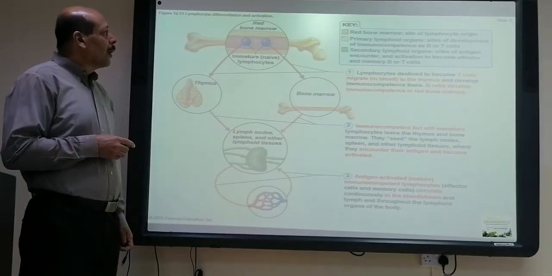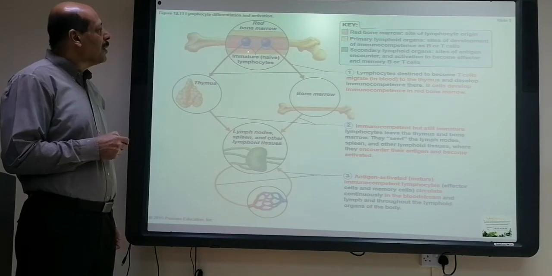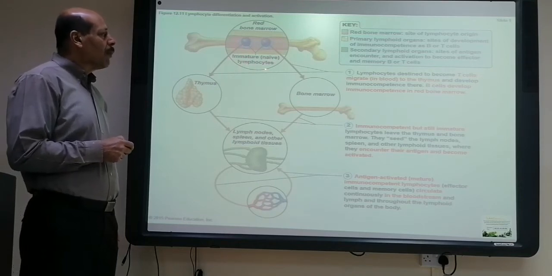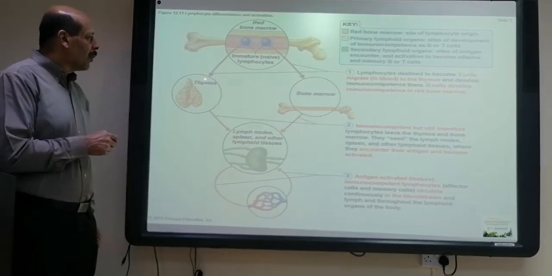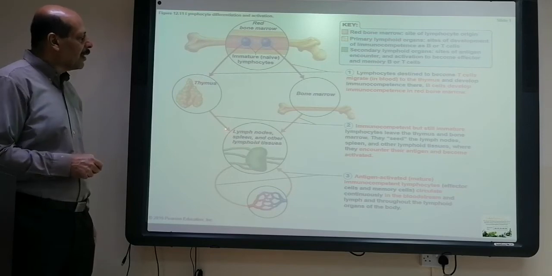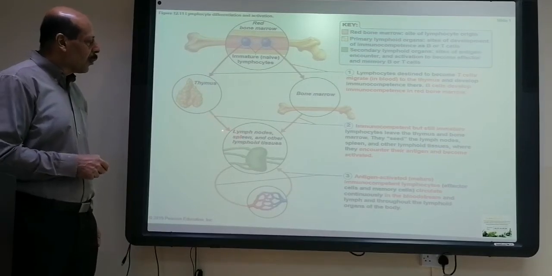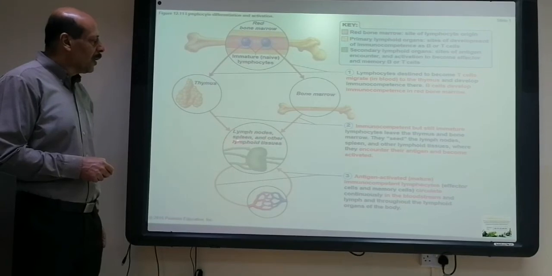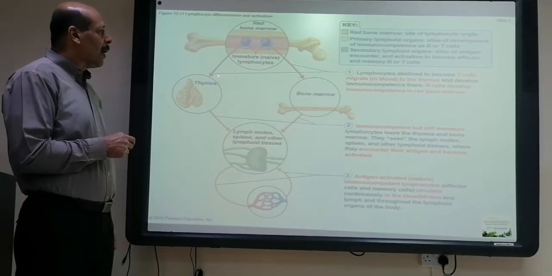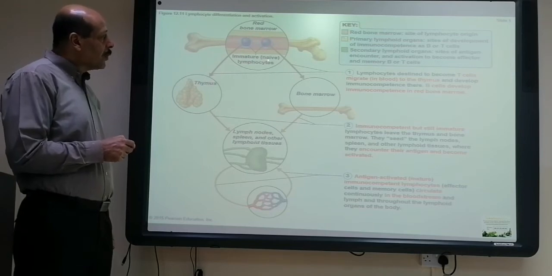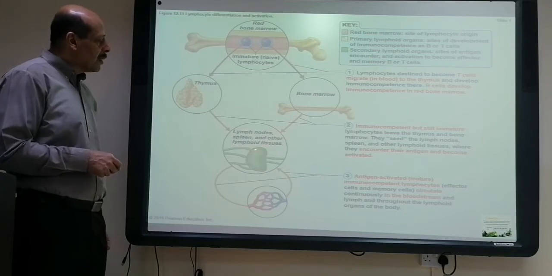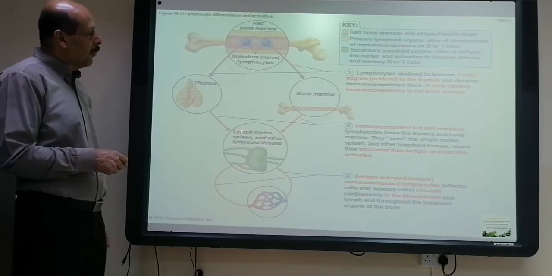So in the red bone marrow, the immature lymphocytes will be there. They will go to the thymus gland, and from the thymus gland they go to the lymph nodes, spleen, and other lymphoid tissues. Also from the bone marrow, they go to the lymphoid tissue.